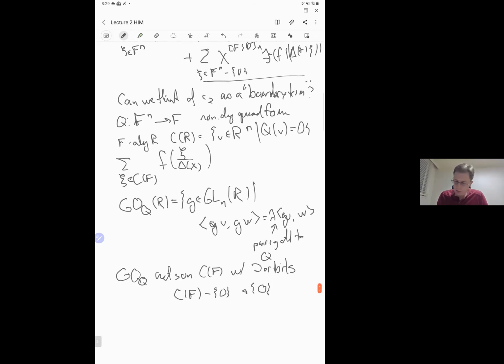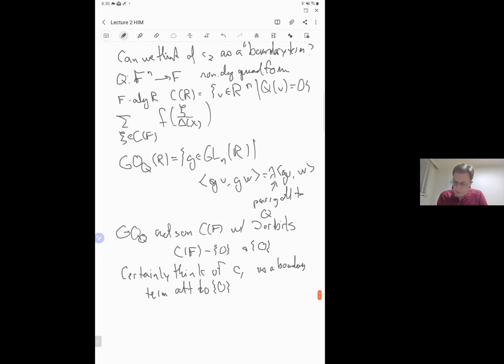All right, so we should certainly think of C1, the big constant term that we had up there, as a boundary term attached to 0.